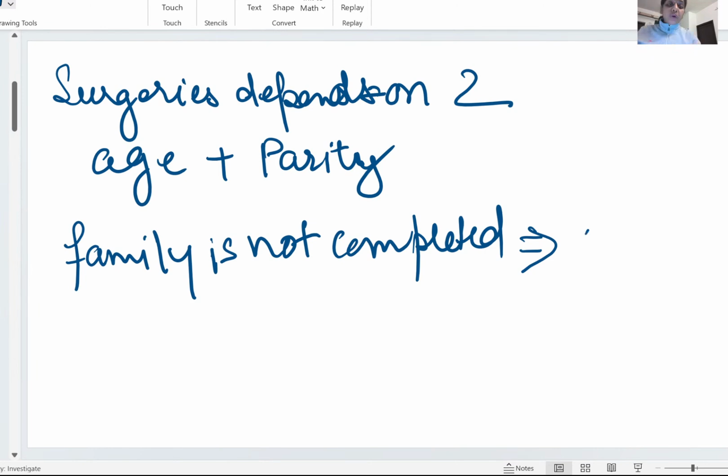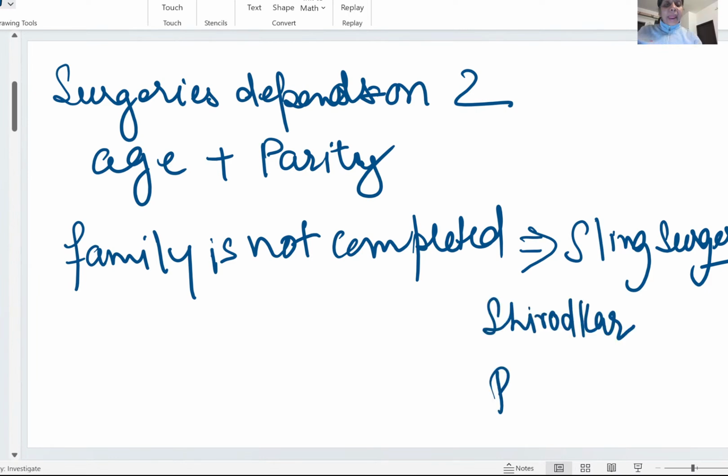We do sling surgeries. What are the famous sling surgeries? The common sling surgeries we do now are the Shirodkar and the Pudendal: Shirodkar sling surgery or Pudendal sling surgery.